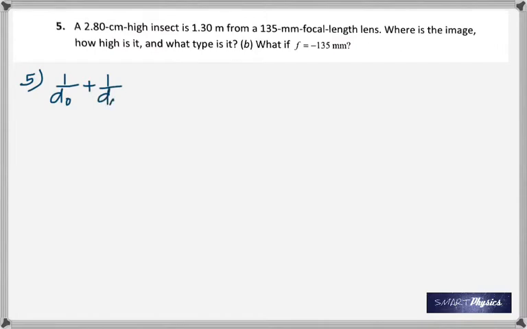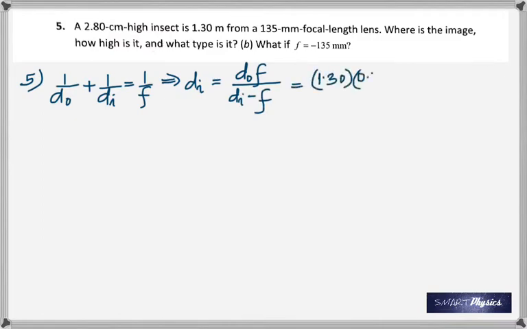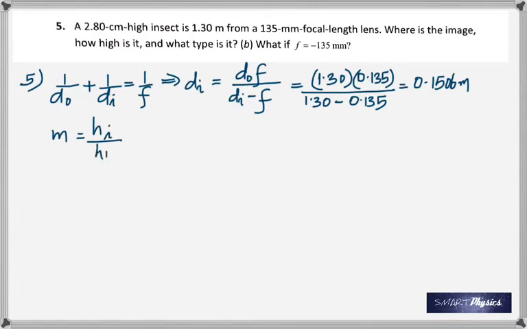The focal length is 0.135 meter. You have to find DI. That's DO. That's the focal length. And when you calculate, you get 0.1506 meter.